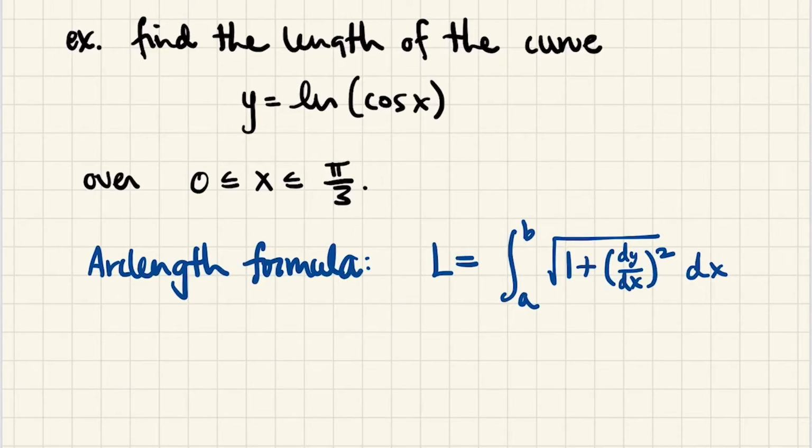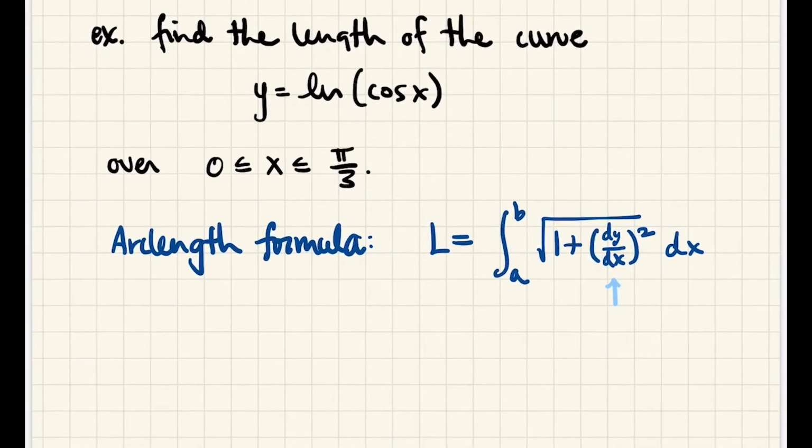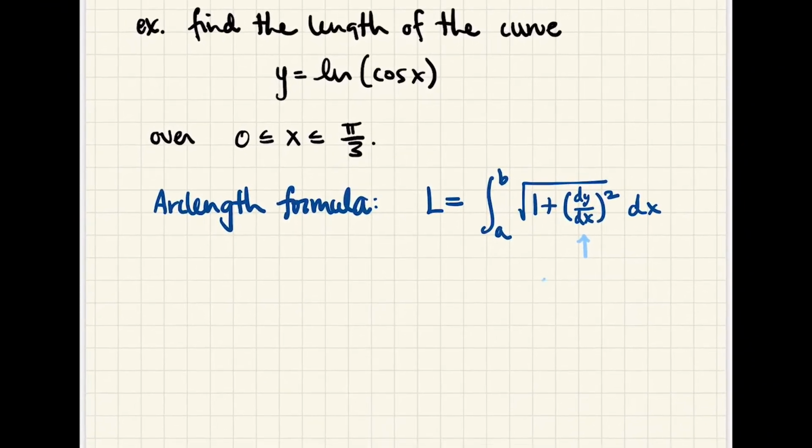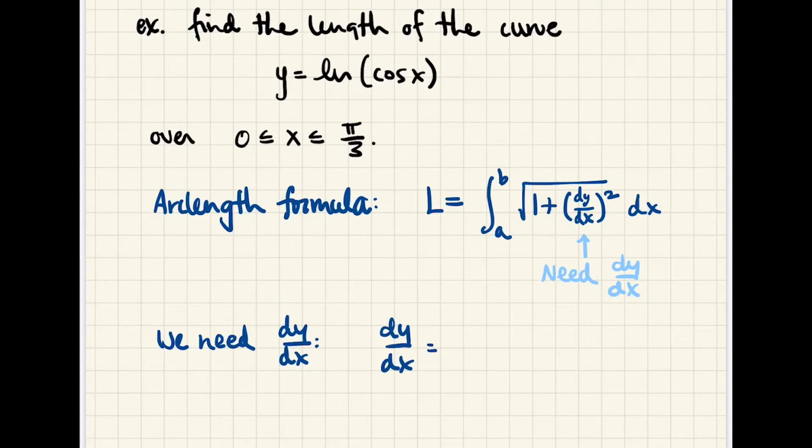Okay, so it's pretty evident that a and b are probably 0 and pi over 3, but what we do need is the derivative dy dx. Okay, so dy dx is the derivative of ln of cosine. So derivative of ln of stuff is 1 over the stuff. And then by the chain rule, derivative of the stuff. So derivative of cosine is negative sine of x.